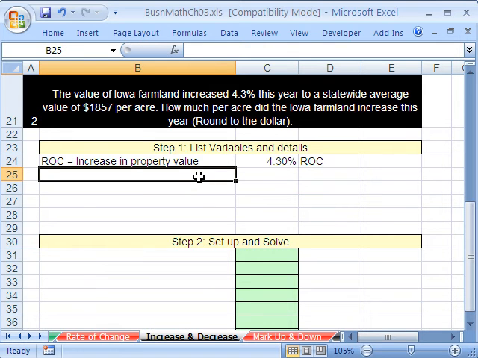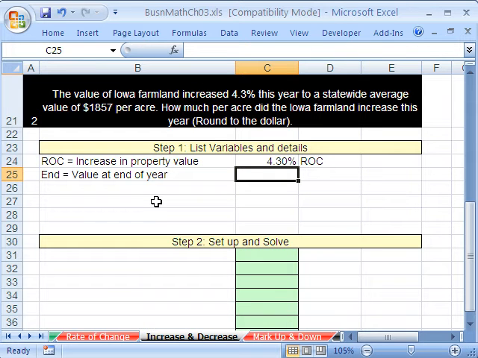What else were we given here? Oh, we know the end amount. So the end equals value at end of year, and that's 1,857. We could actually format as we type too, and this will be end.